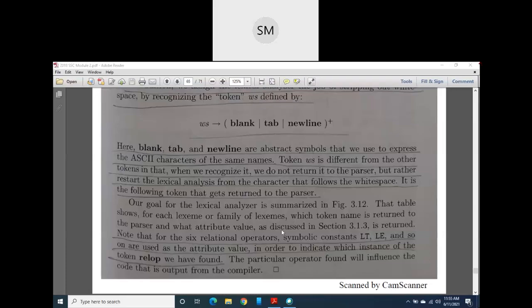Okay, and see, whenever six relational operators, so just now we have studied less than, greater than, less than or equal to, greater than or equal to, not equal to. For all these symbols or relational operators, if you identify that operator as one token, because whatever bold letters I had written there, ID, number, if, then, else, these all are called tokens. So if you consider the token relational operator, in the first class I told you, for operators usually we don't use attribute value in a token.